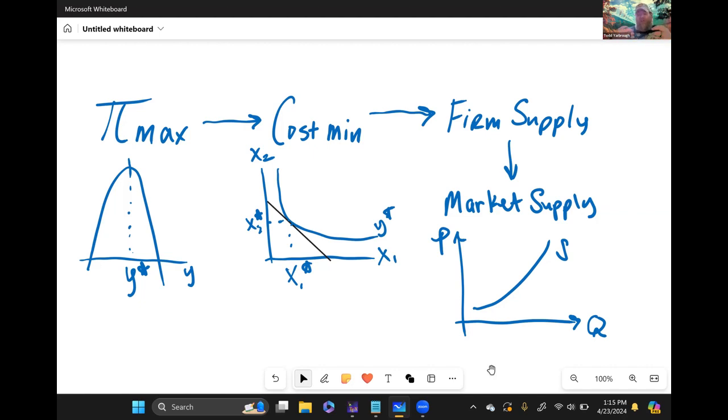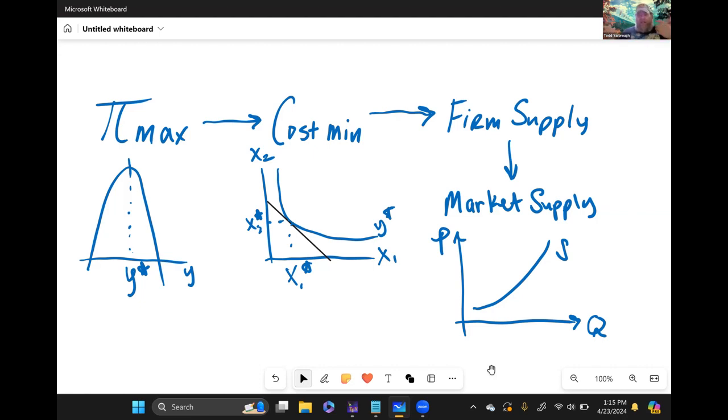So the conversation about profit maximization in terms of optimal input selection is about us, as the firm, balancing the cost of that input with how productive it is for us, how much it enables our production of our output.